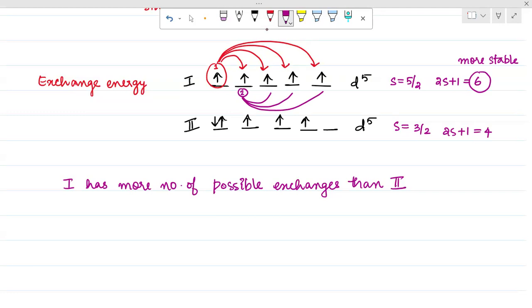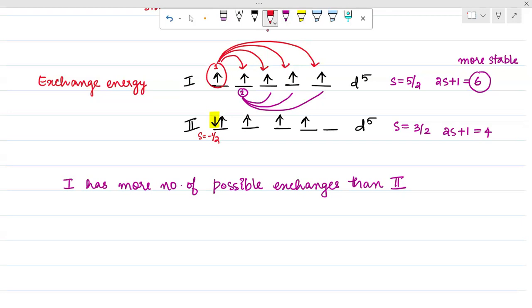But in the second case, the number of exchanges is fewer. Why? Because there are only 4 electrons which have the same spin. This one has a different spin. The spin of this upside down electron, let's say, is -1/2. It has nothing to exchange with.